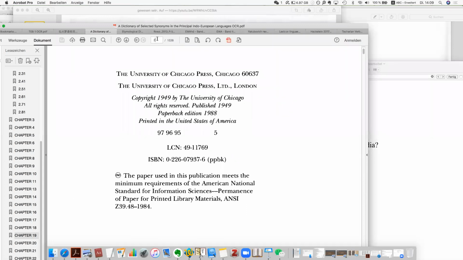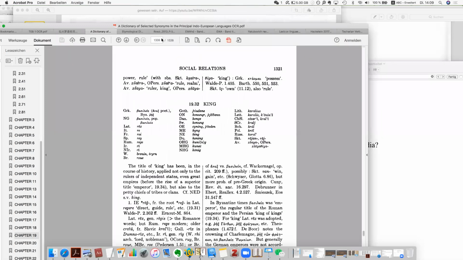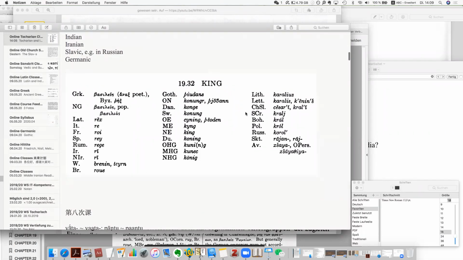You find the information about king in this dictionary, and I copied the page here. We start from Greek. In Greek, it's called basileos, and also wanax or anax. Since today is not a Greek class, I'm not going to spend much time explaining Greek words, but we can talk about it later in detail.